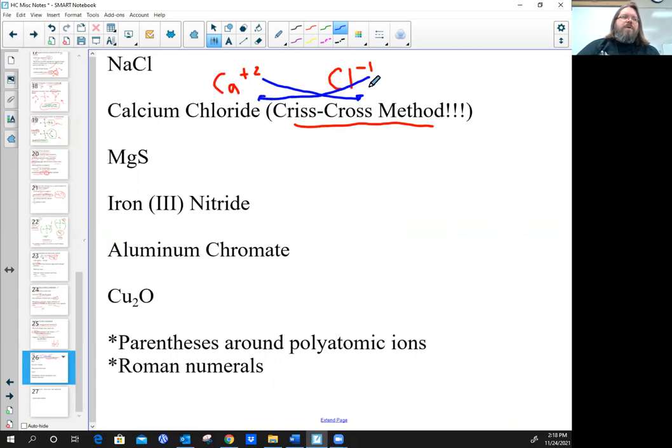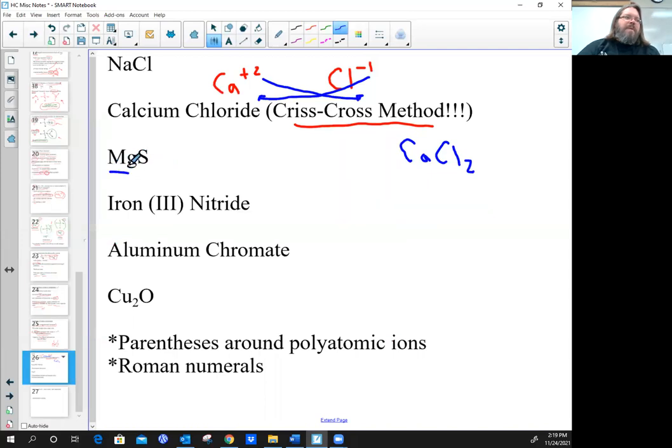Now, the sign on the charge doesn't get carried, but the absolute value of this number is what gets carried to your subscript. So calcium chloride would be Ca Cl2. I don't write the 1, but then I write the 2 over there for my subscript. So the formula for calcium chloride is CaCl2.